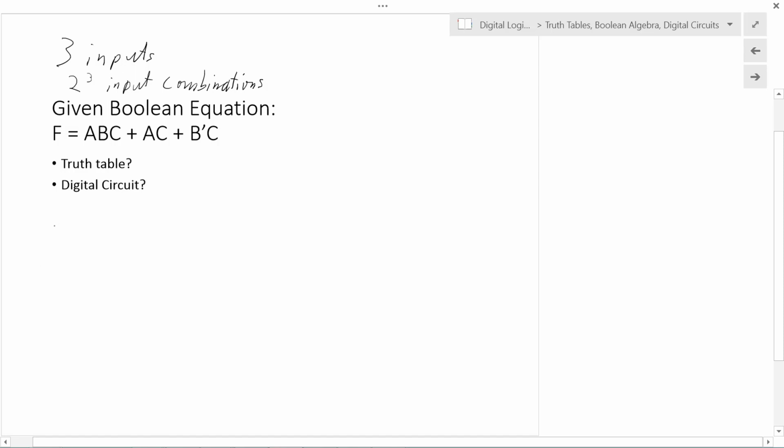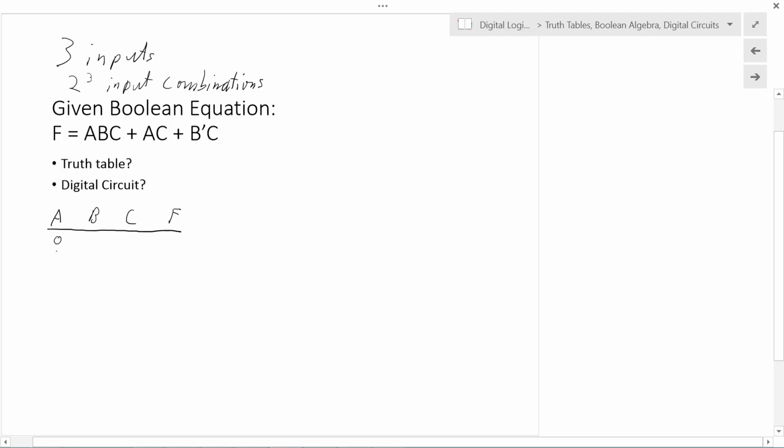Let's list our input variables and our output variable first, a, b, and c, and our output variable f. I recommend listing your input combinations 0 through 7 in ascending order in binary.